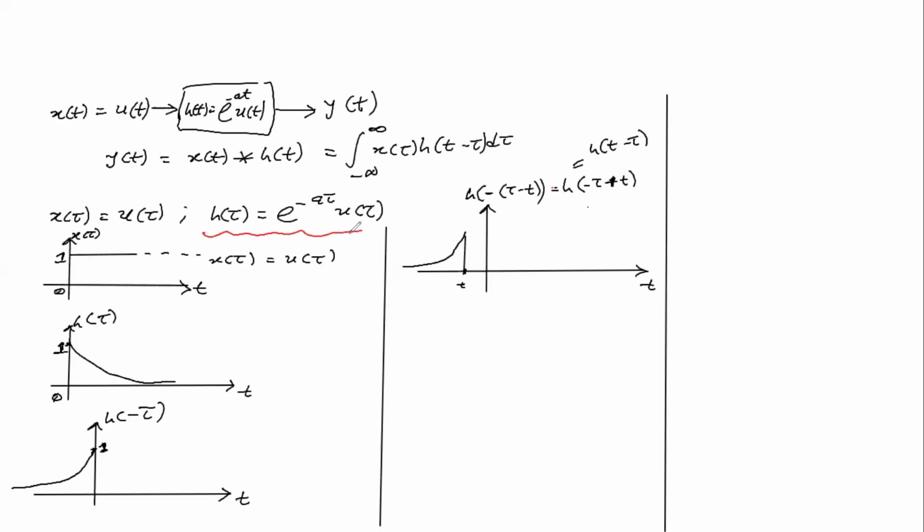This expression, h of t minus tau, will now be equal to e to the power of negative a times t minus tau, multiplied by u of t minus tau, where this amplitude is 1. This is what we now have.